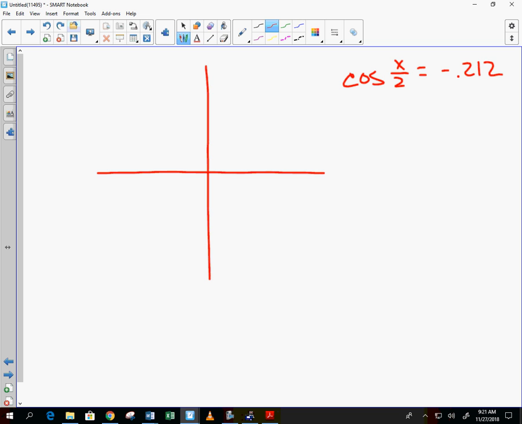I want to solve that trigonometric equation. I first determine where it's positive and negative. Where is cosine negative? Second and the third quadrant. Okay. I have to get rid of the cosine, so I cosine inverse. And when we inverse, we come up with the value of 1.357. So the radian measurement for this angle is 1.357, and for this angle is 1.357.